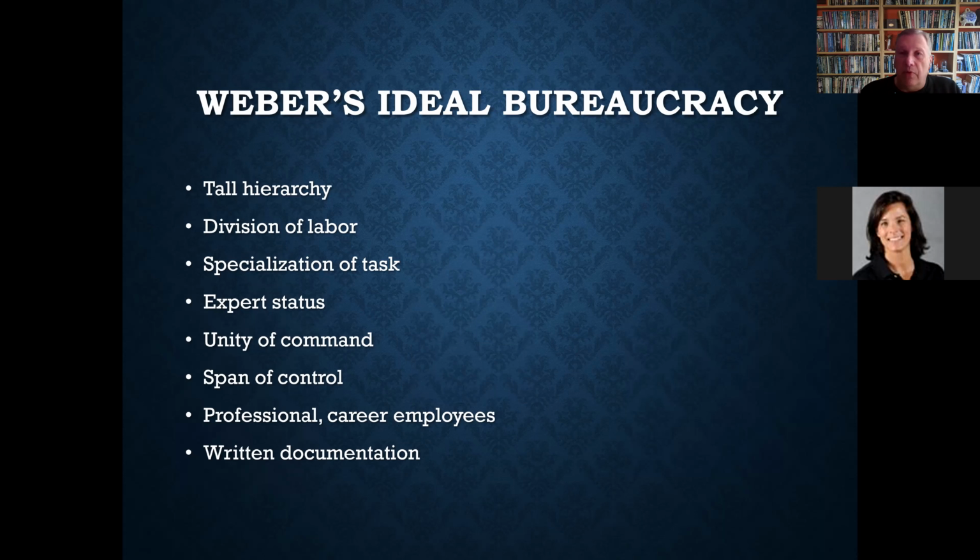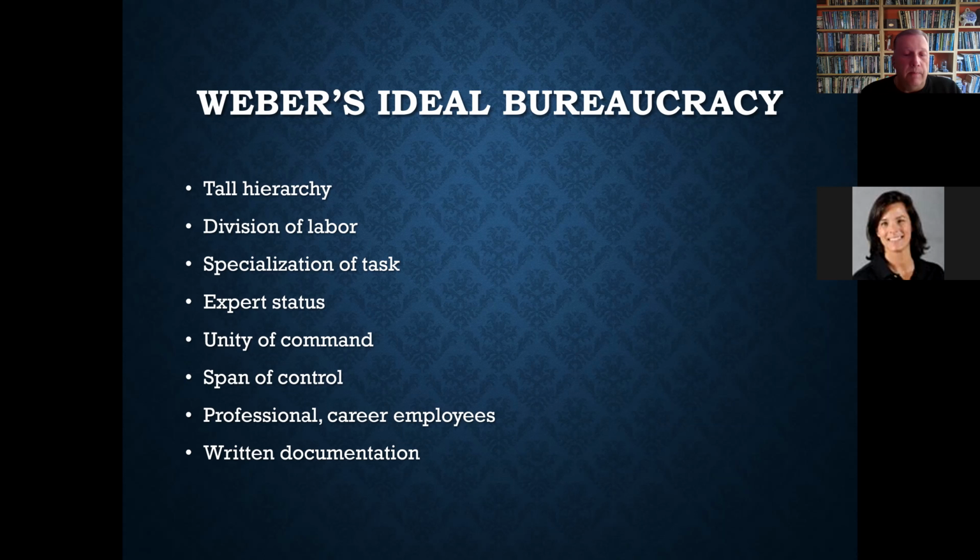The way that Weber thought we achieve organizational effectiveness is through the structure of our organization. If we can structure our organizations in this, what he called ideal bureaucracy, if we can create the ideal bureaucratic organization, then that ideal bureaucratic organization can be both effective as well as efficient.